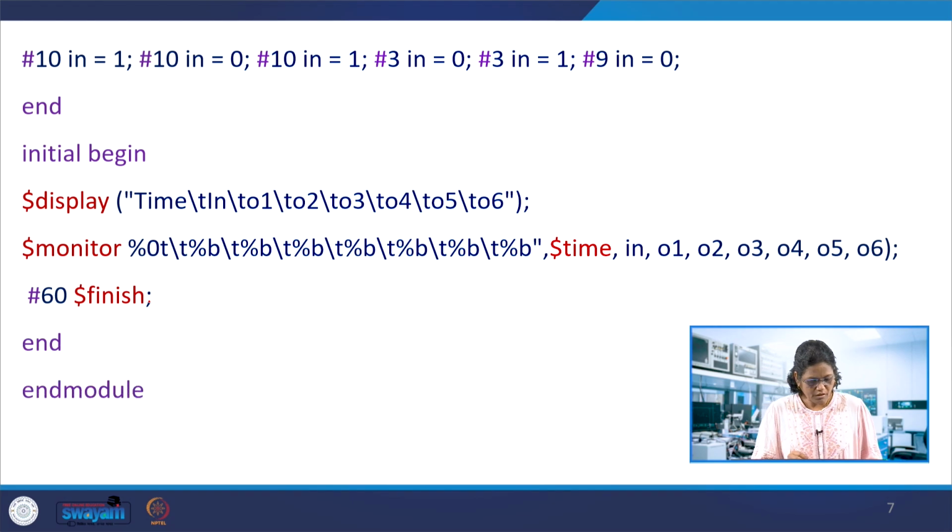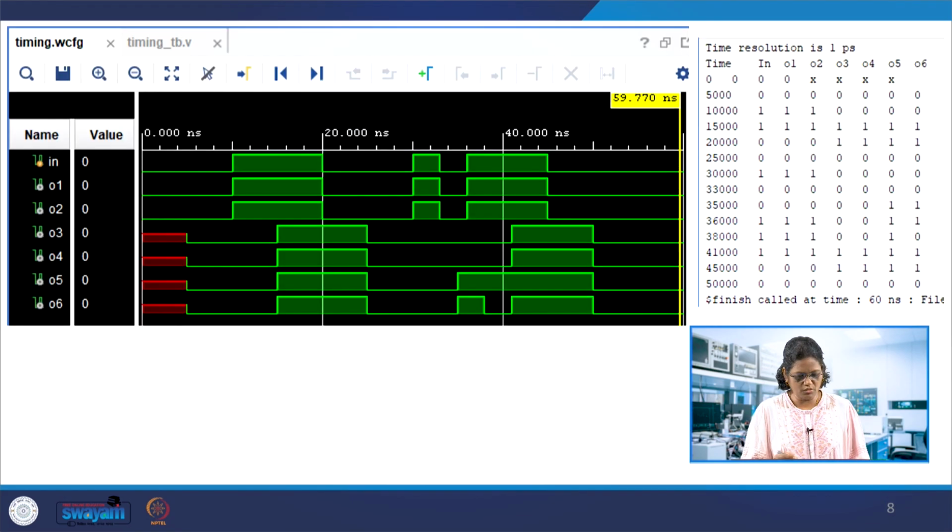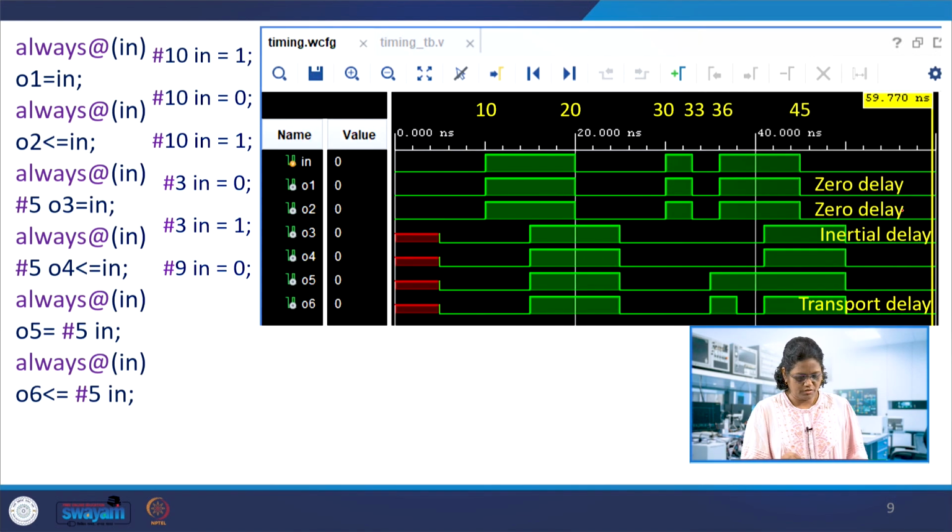So we will look at these statements one by one and see what output we are getting over here. So this is the output. I would like to explain it with the TCL console, which gives the input and then all the outputs over here. For this discussion, this is the first always @(in) statement, where input is assigned to output.